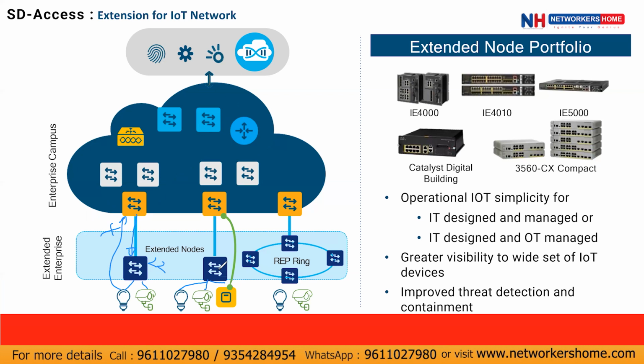Some of the IoT devices don't understand L3 traffic, so it will be easy for those kinds of devices in the IoT network. So the switches like these small 3560 compact switches, or even the IE4000 or IE3000 series.